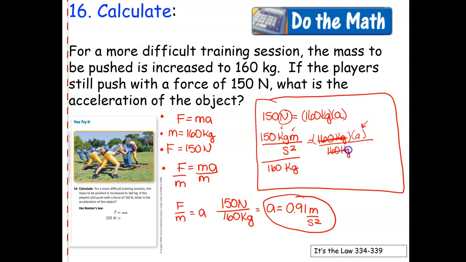So this cancels out and this cancels out. We divide 160 into 150, and that gives us 0.91. Kilograms is on the top and on the bottom, so it cancels out, and that gives us our answer of 0.91 meters per second squared. This is just to show you the algebra in case you're interested.